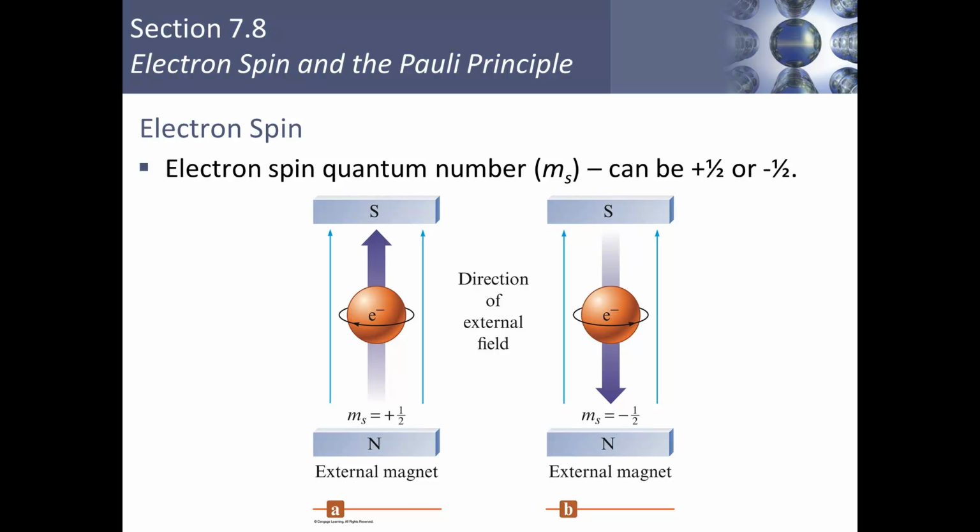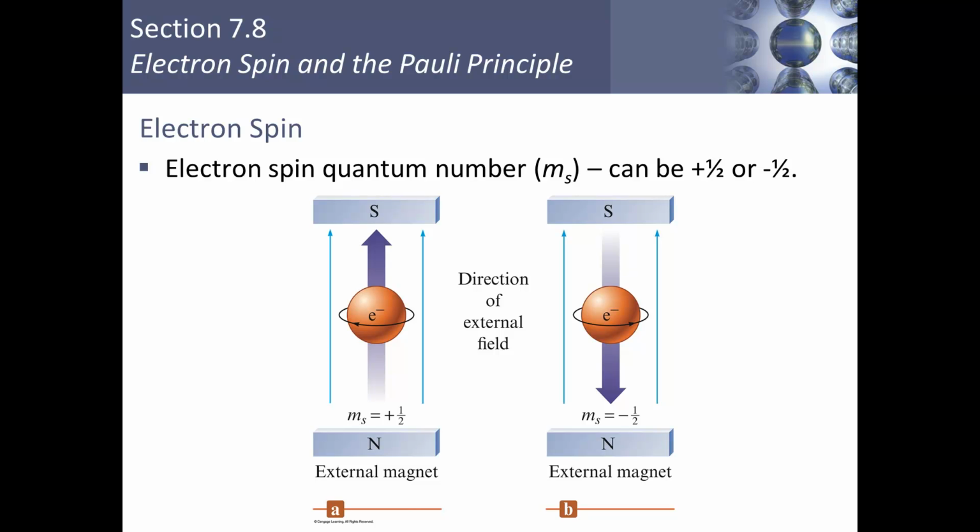It was postulated that electrons have two spin states producing two oppositely directed magnetic moments. So electrons can be spinning in one of two opposite directions when placed in a strong magnetic field. They can either be aligned with the magnetic field, plus 1/2, or against the magnetic field, minus 1/2.